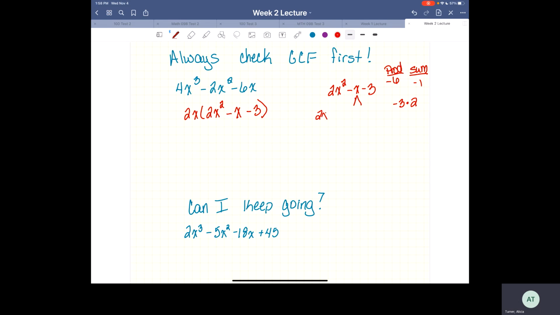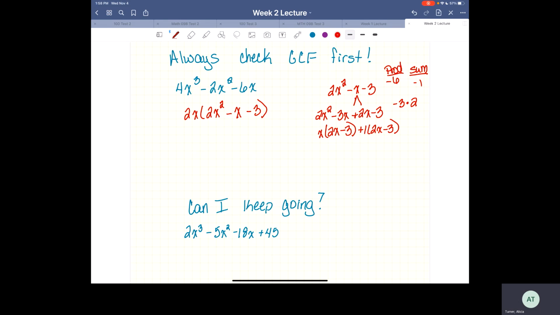So I have 2x squared minus 3x plus 2x minus 3. It looks like just an x will come out of that first two terms. And then at first glance, it looks like nothing will come out of 2x minus 3. But you can always factor a 1 out.